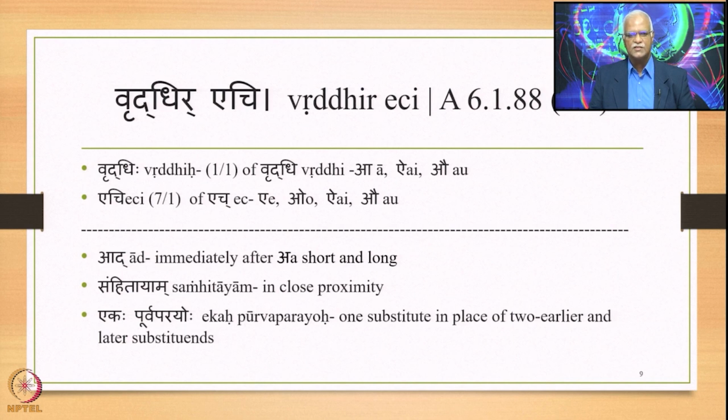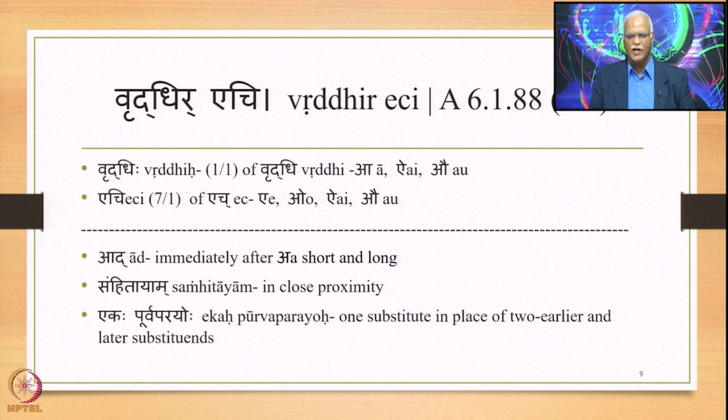So Echi stands for immediately before E, O, Ai and Au. The other words continued in this sutra are Ad, which means immediately after A, short and long. Ad is 5/1 of A.